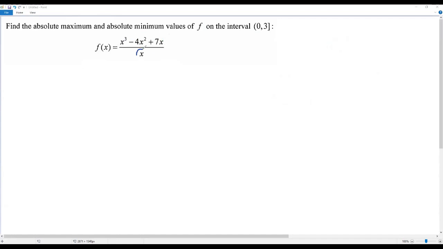Here x is a common denominator for the three terms in the numerator.